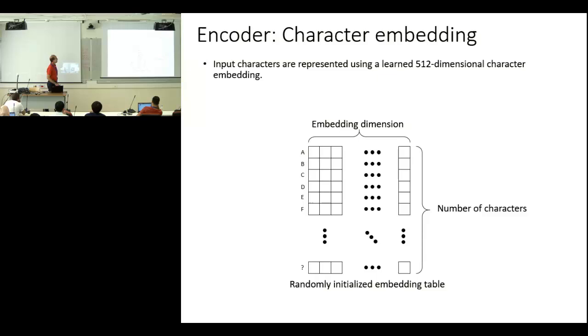The first step of the encoder: the input to the encoder are characters. Characters are represented by numbers from 0 to the number of characters minus 1 that we have. However, this is not a good input for a network. So we convert these numbers to a representation which is more suitable for neural networks, and we use embeddings. For example, let's suppose that we have character A, which in our system corresponds to number 0.